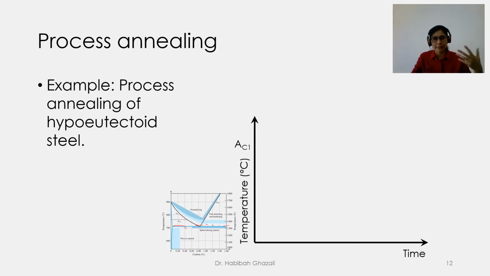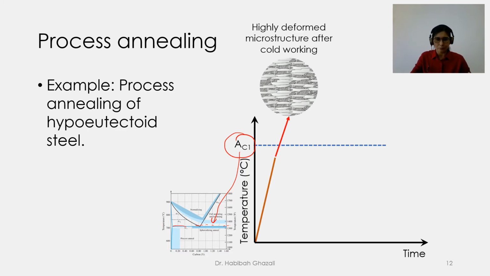So around, let's say, 650 degrees Celsius, you won't have any phase transformation. No alpha ferrite can transform into austenite, no matter how long you hold it at that temperature. So we want to avoid phase transformation. So this line here is what we denote as the AC1 line. So that's the first step, heating the metal below the AC1 line.